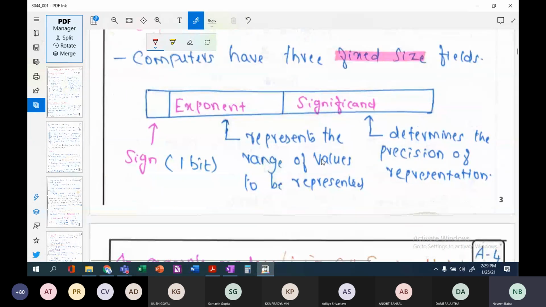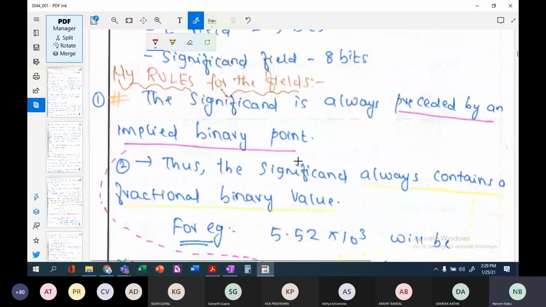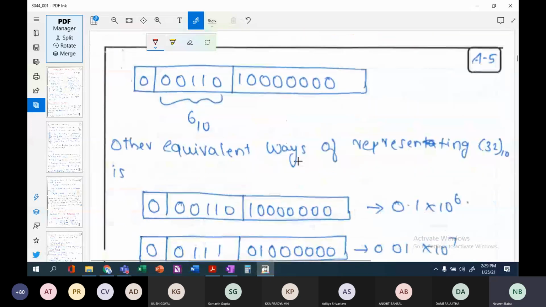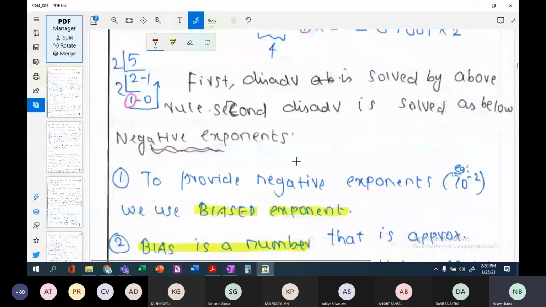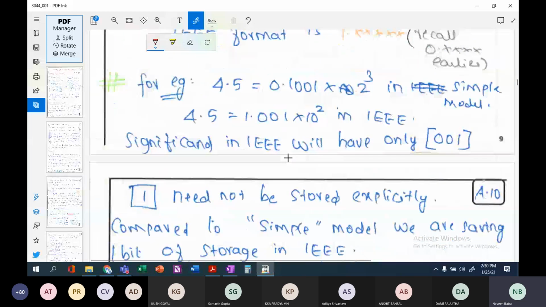Significant means the precision to which you want to represent the fractional part. We will see this later, and then we will move on to our arithmetic operations.